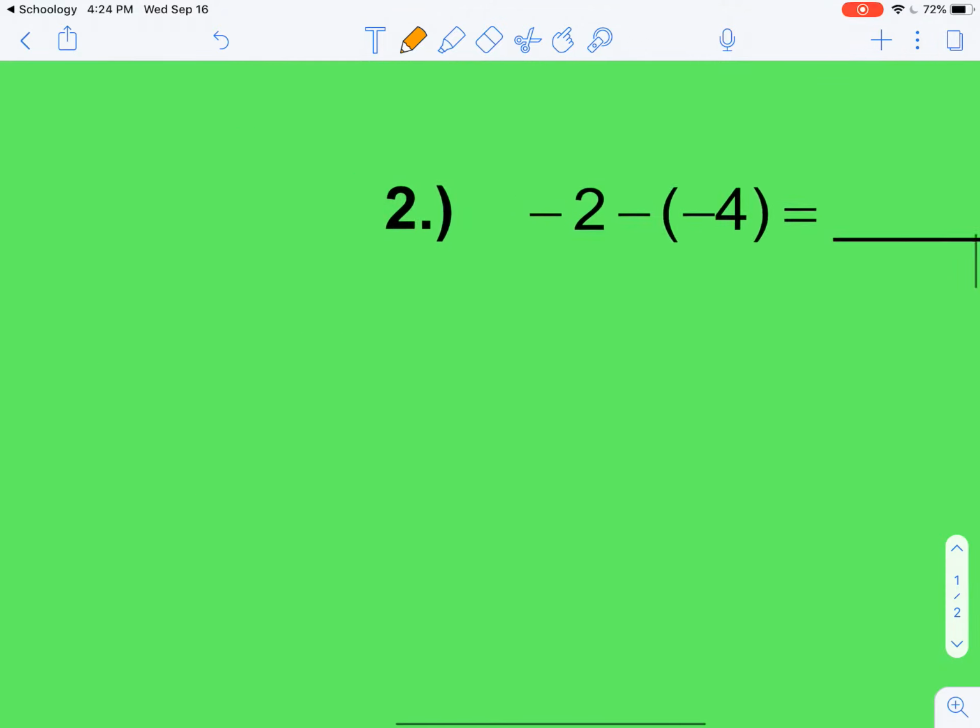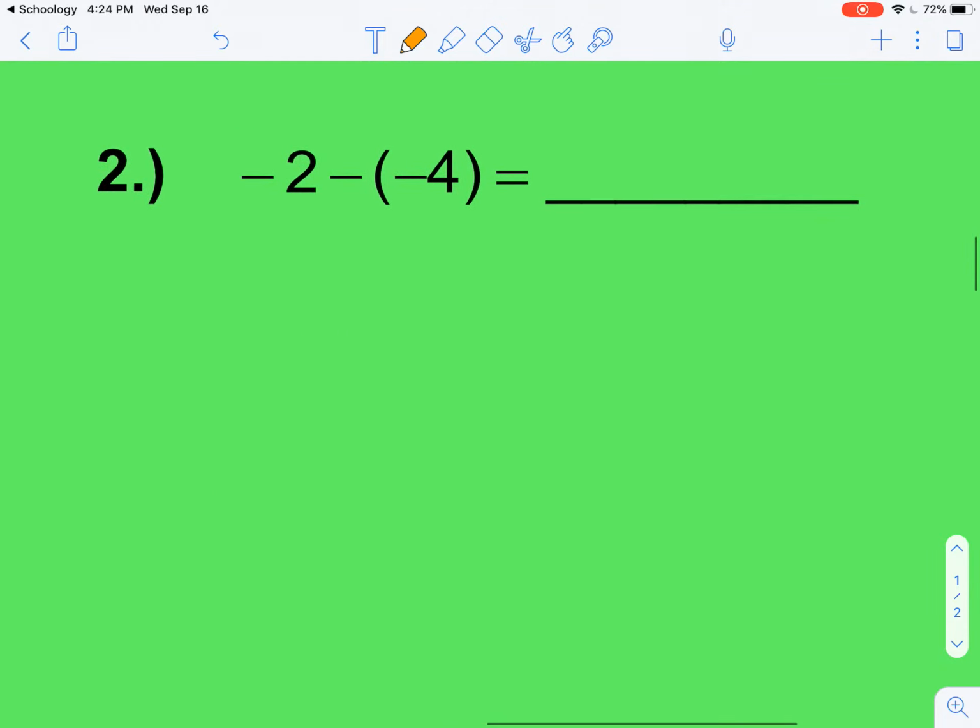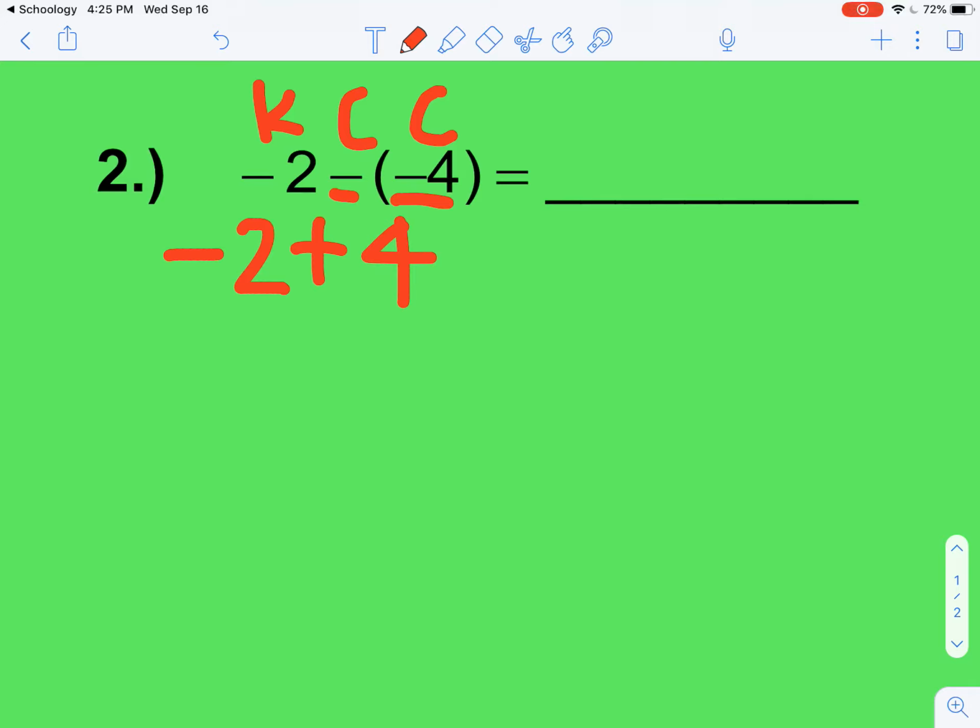Alright, so let's try number 2. Negative 2 minus a negative 4. We are going to use keep, change, change. Okay? So my negative 2 is going to stay the same. My minus sign here is going to change to a plus sign, and my negative 4 here is going to change to a positive 4.